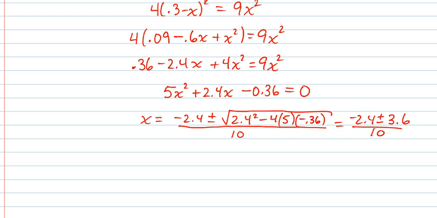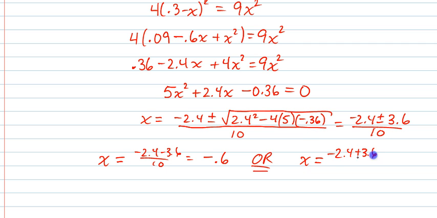This is going to give us two answers, but only one of them is going to make sense. x could be equal to negative 2.4 minus 3.6, or basically negative 0.6, or x could also be equal to negative 2.4 plus 3.6, which is basically 0.12, and these are meters.